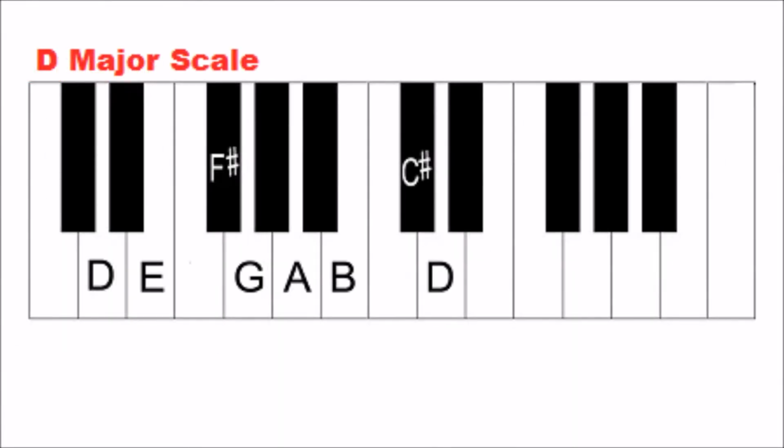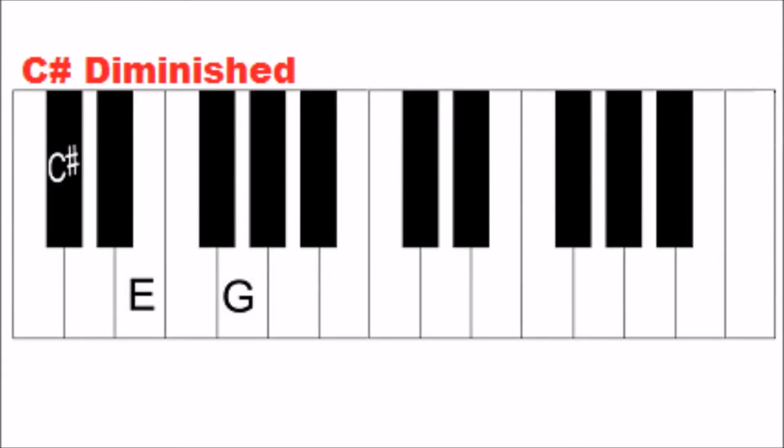You can start on C sharp, skip D, play E, skip F sharp, and play G, giving you C sharp, E, G. And this is a C sharp diminished chord.